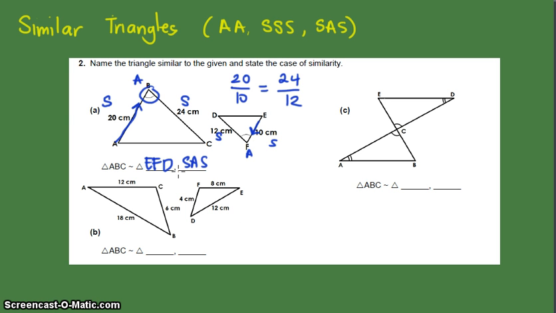Okay, now let's proceed to letter B. So I know a side, I know a side, I know a side, so somehow I'll be using SSS.